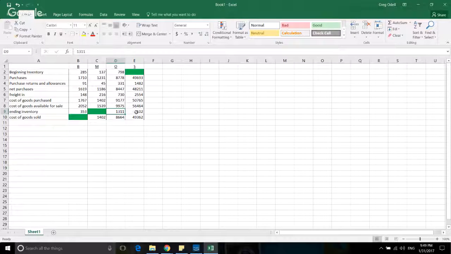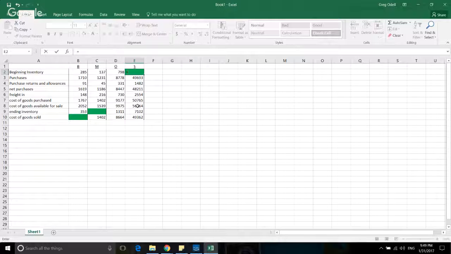Okay, so using that same formula, we know this beginning inventory plus this cost of goods purchased here should equal this cost of goods available for sale. So we can go ahead and do this box, find this beginning inventory by subtracting the cost of goods available for sale right there, and the cost of goods purchased. Oh, I got that mixed up.